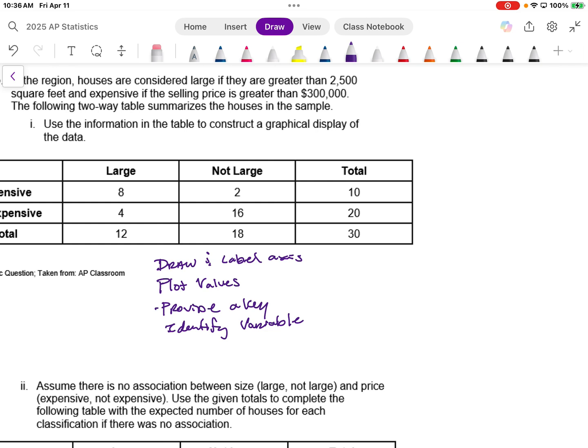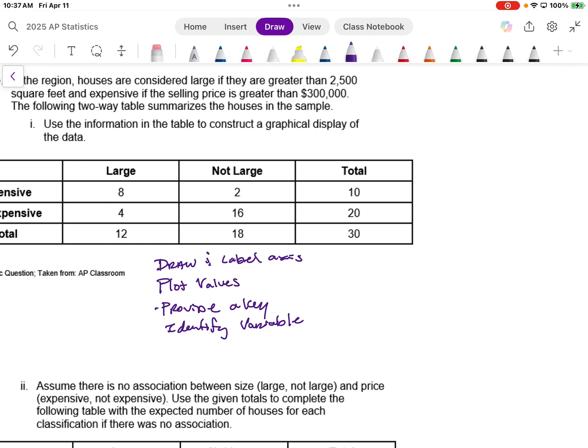Here's where we have choices. What do we want to do? Is the information quantitative or categorical? The way it's listed, is it categorical or quantitative? Yeah, it's categorical, because we're really not going to add those things up.